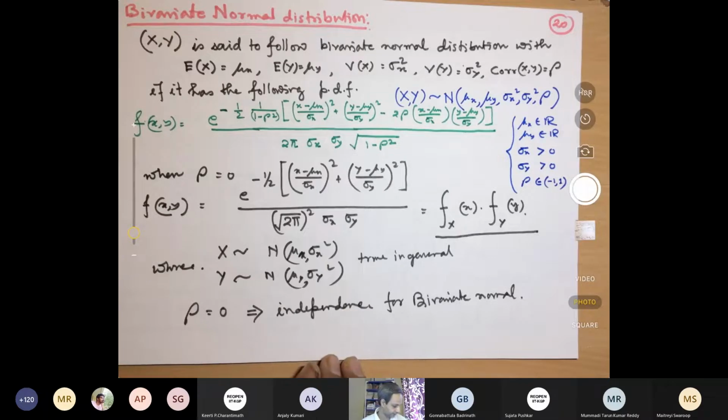So can you give an example for such a distribution? Any example?